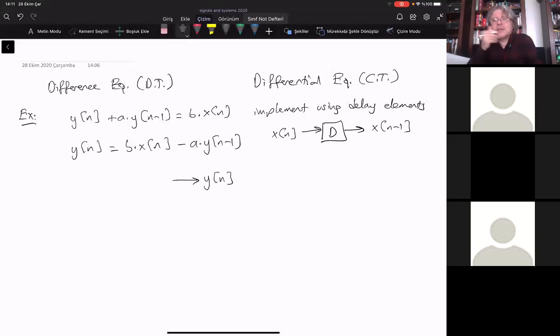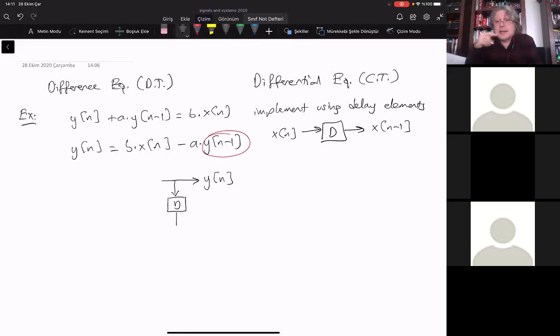Then at the right-hand side of the equation, what do I have? I have y of n minus 1 here. So somehow I need to obtain it. And how am I going to obtain that y of n minus 1? Using the delay element, of course. So I put a delay element from y of n, that output branch. I take a branch downwards.